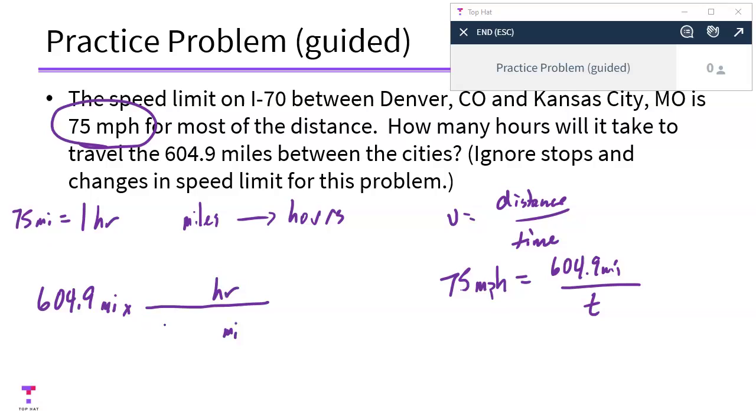The conversion tells us that it is 75 miles in 1 hour. Miles cancel out. 604.9 divided by 75, my calculator spits out 8.065 and a bunch of threes. How many of those digits are actually important?